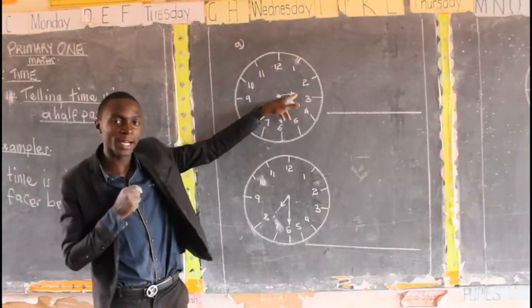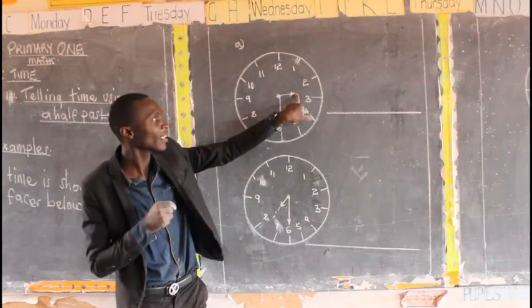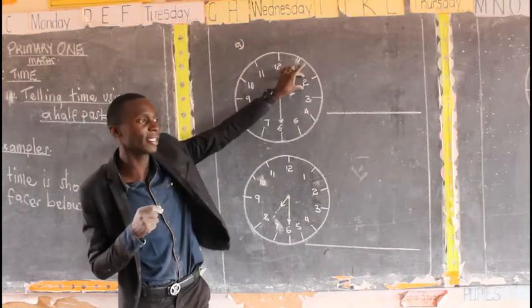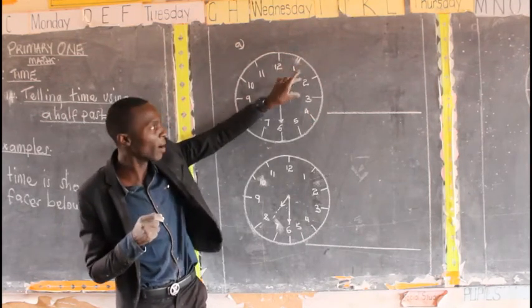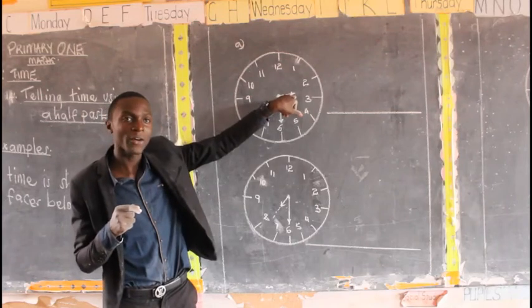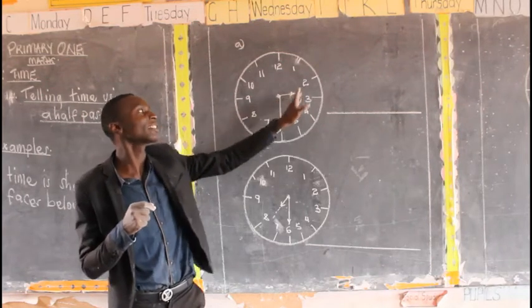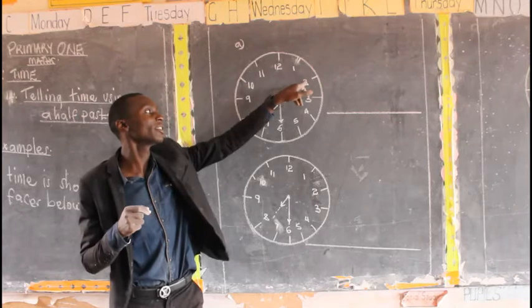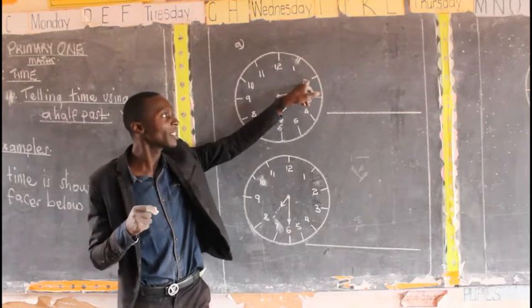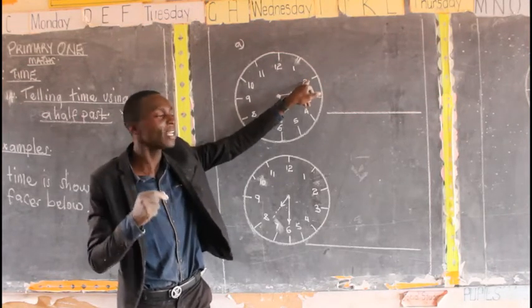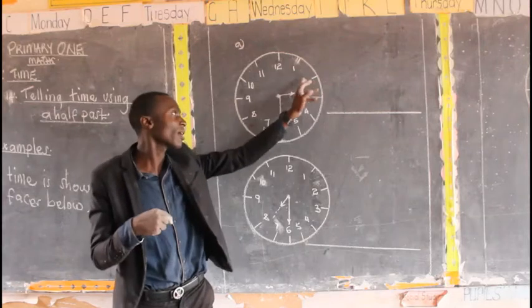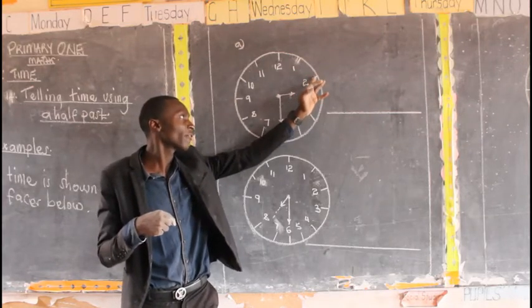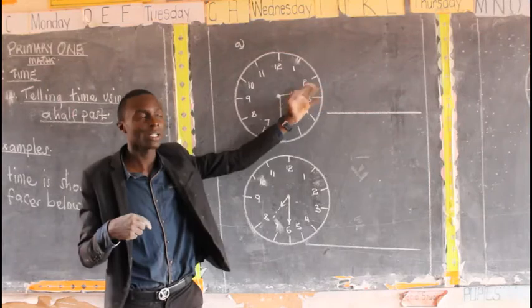But what you should understand is that we tell time using the digit slightly above this arrow. Why? Because it is a half past. The hour hand was here when it was exact time, but now because it is past, it has gone from this side coming down.